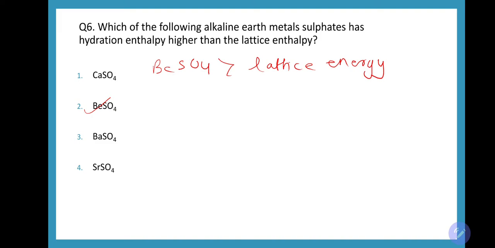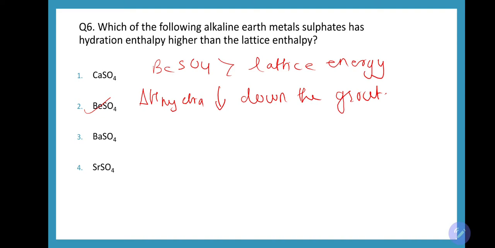As we have seen, all these elements belong to group 2. The hydration energy, delta H hydration, will decrease down the group, while the lattice energy is almost the same. So the answer is beryllium sulfate. Clear?